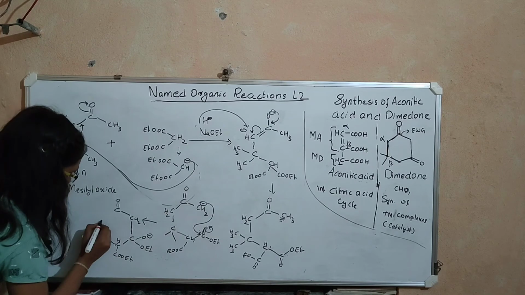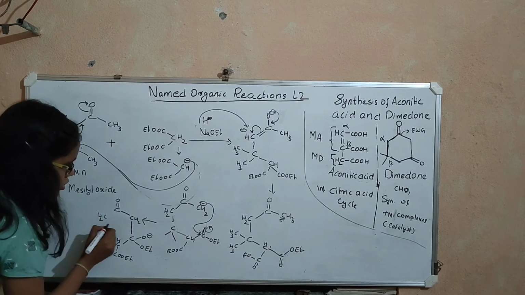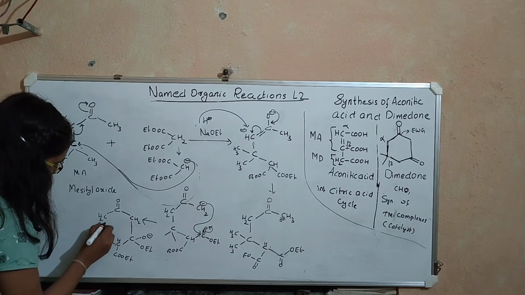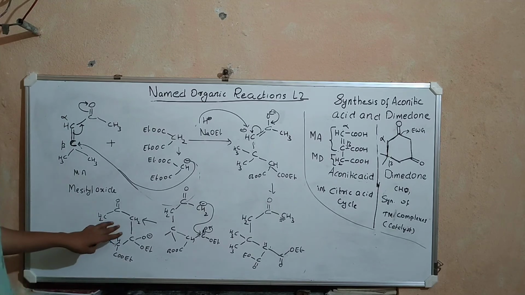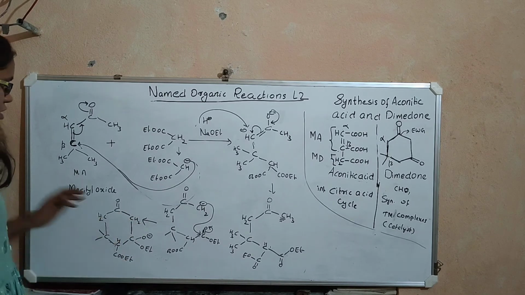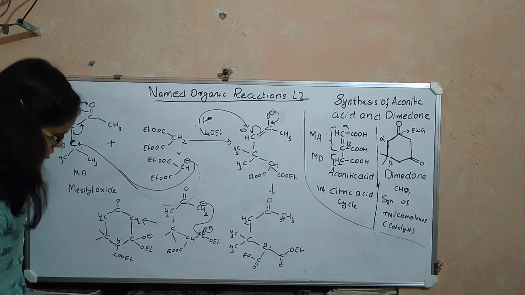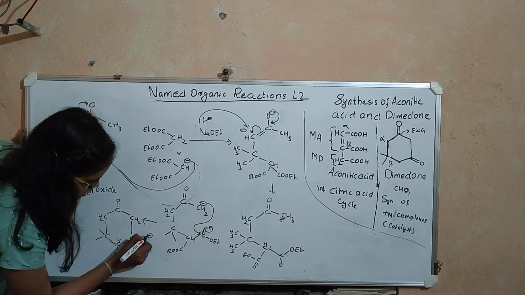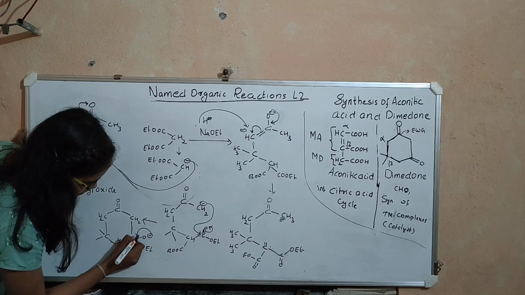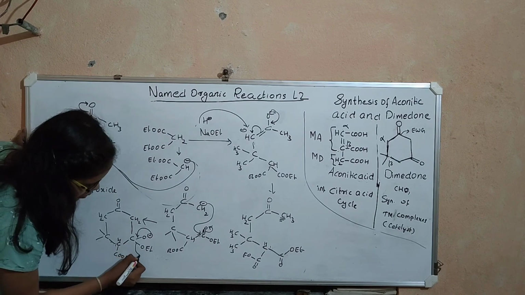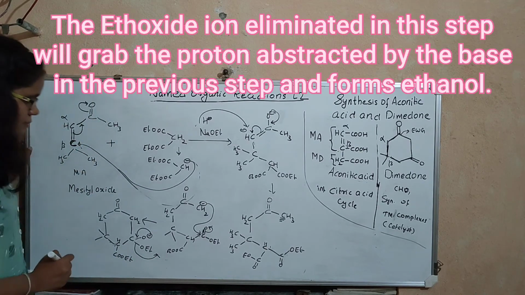So this is bonded to this CH2 carbon. So there is a bond between these carbons, okay? So what you have got is this now. Then what happens? This bond will shift here, and this OEt will be eliminated. Okay.